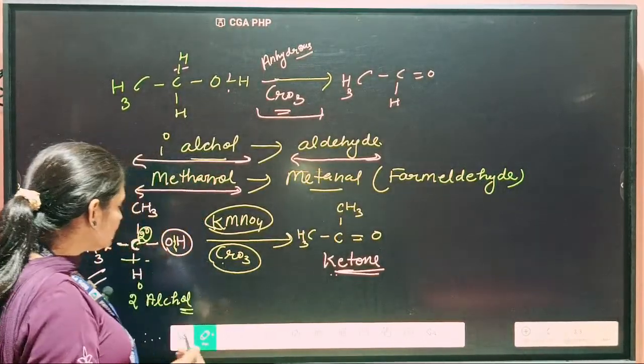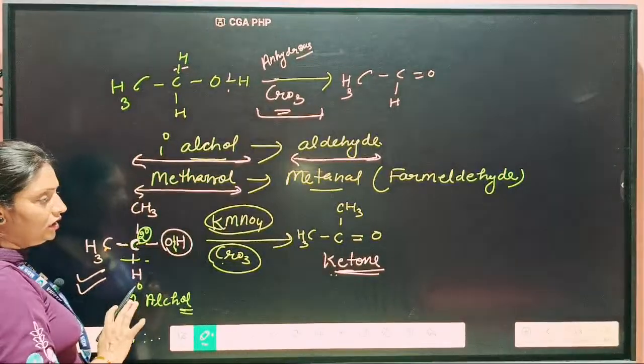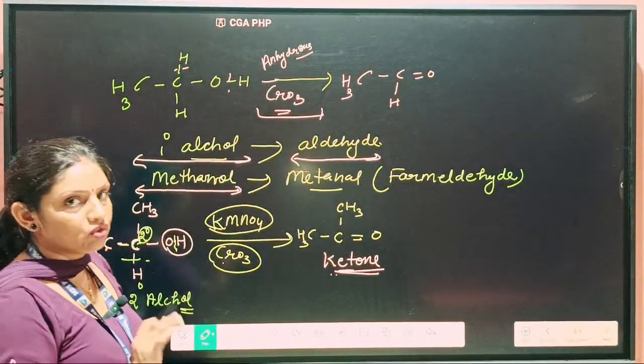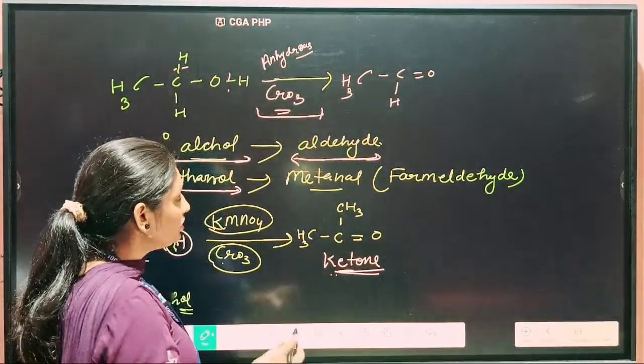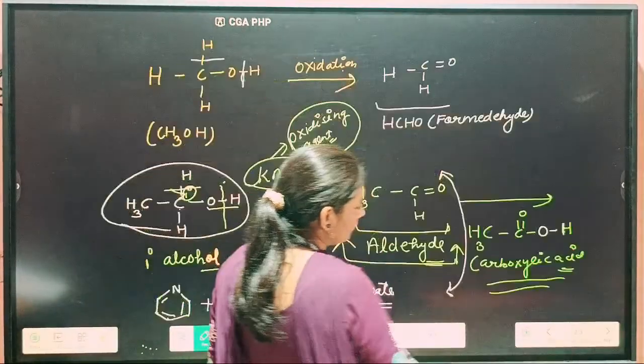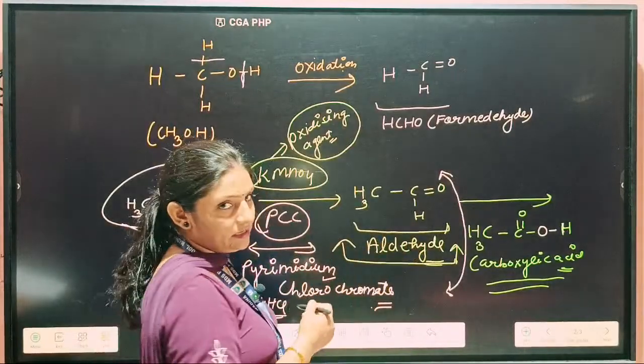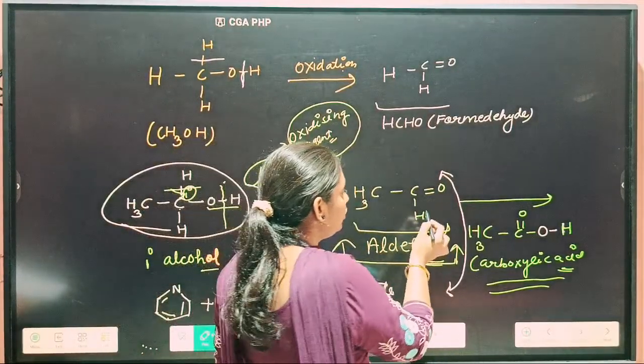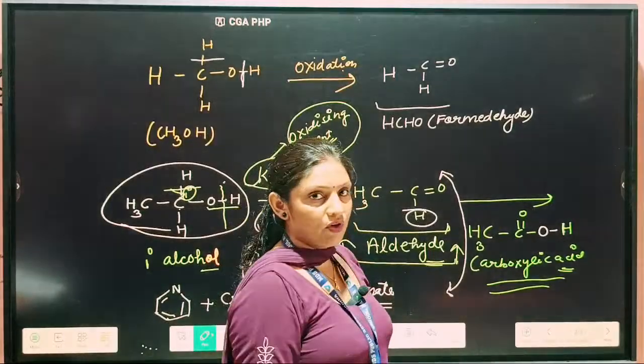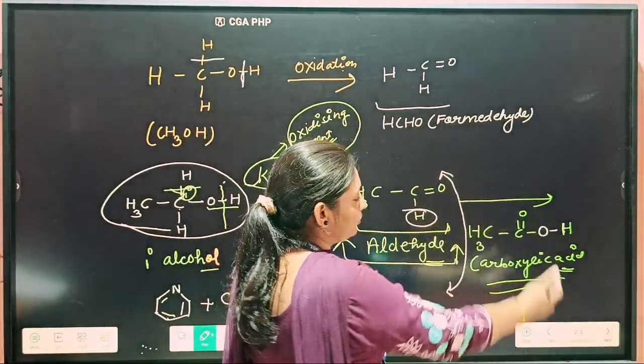Okay students, secondary alcohol does not give carboxylic acid. Why? Because in case of the primary alcohol, it first converts into aldehyde. So one more hydrogen is present here, so the reaction can further proceed.